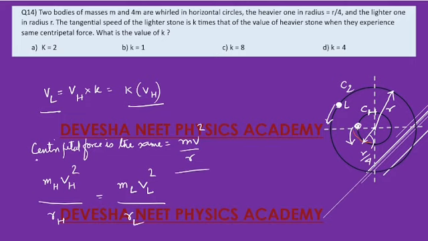Because the centripetal force is the same, this is the centripetal force for the heavier body, and this is the centripetal force for the lighter body. Now we can substitute. The lighter body mass is m, the heavier body is 4m. So 4m into VH square.